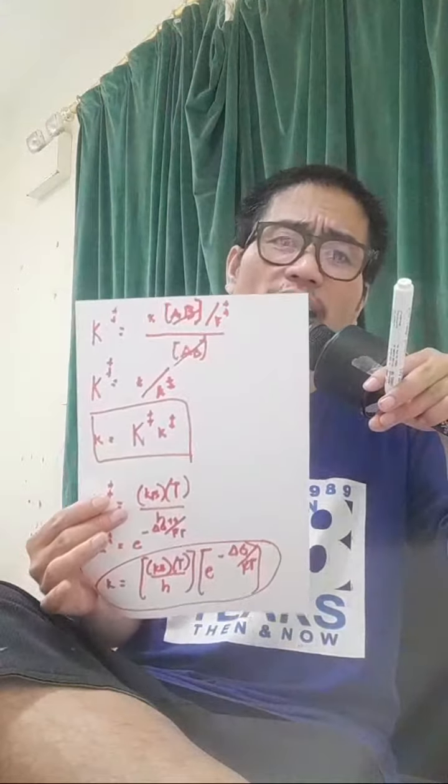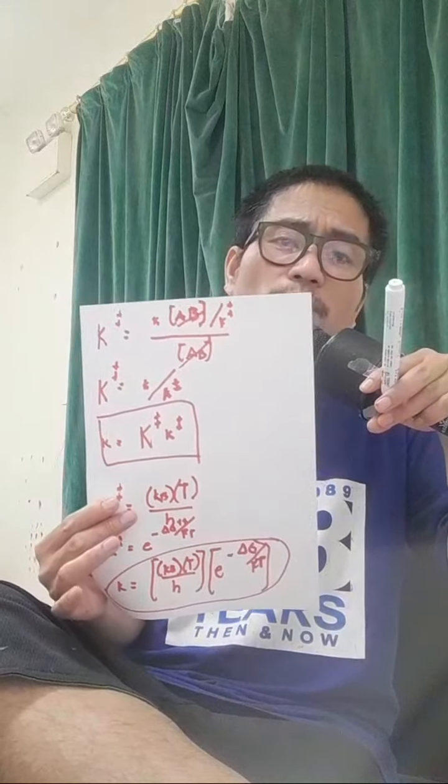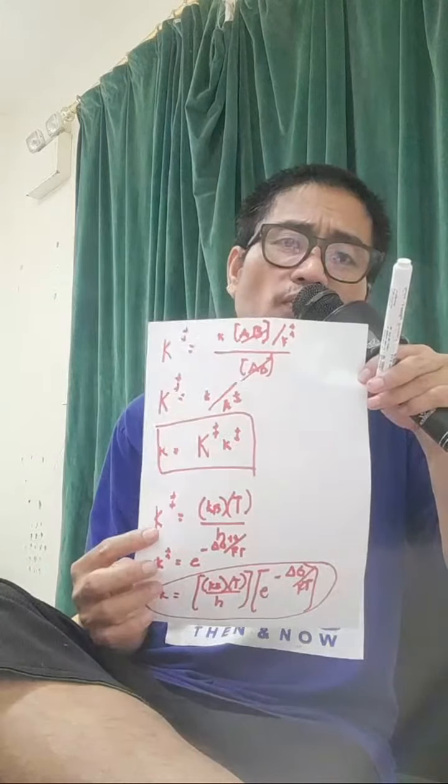Just like the ideal gas law, if you multiply this with 1 mole, then 1 is just a 1. It never changes your figure at all. The same principle is behind this. That's why it is valid and logical to eliminate directly the transmission coefficient beside this capital K double dagger equilibrium constant formula.